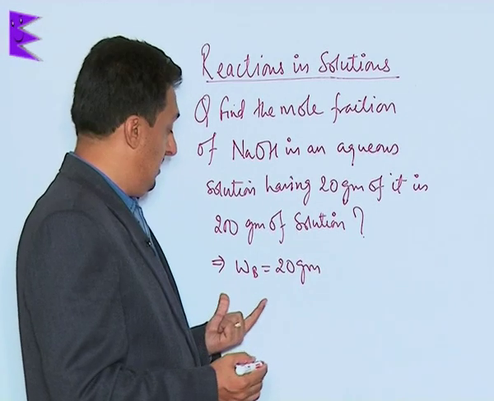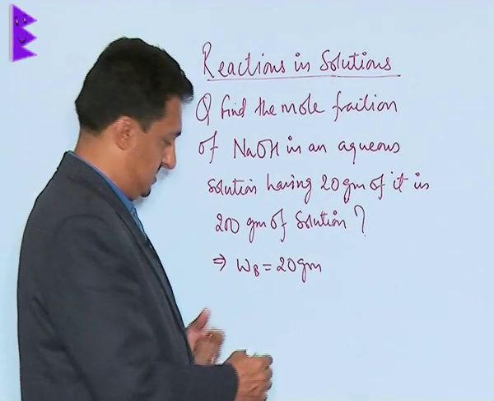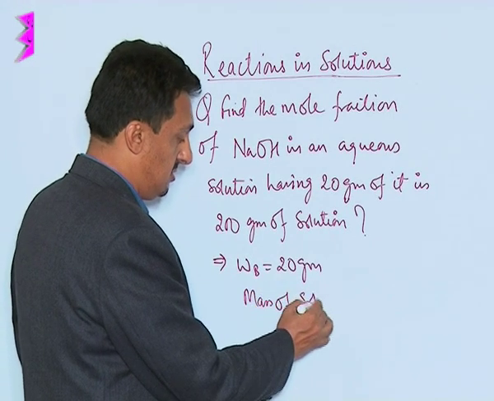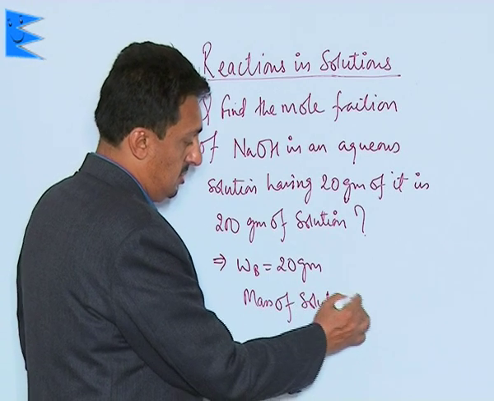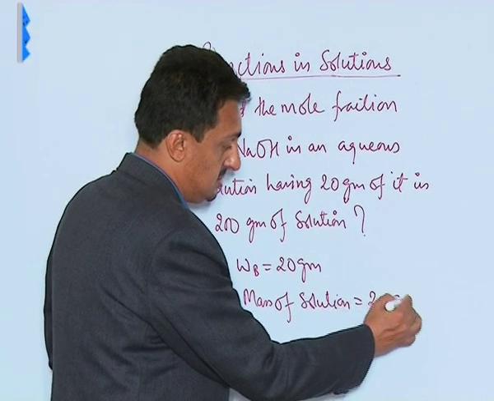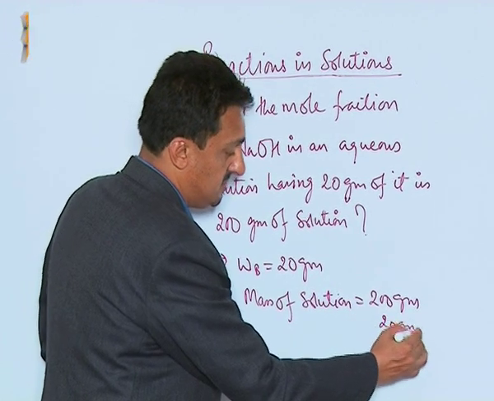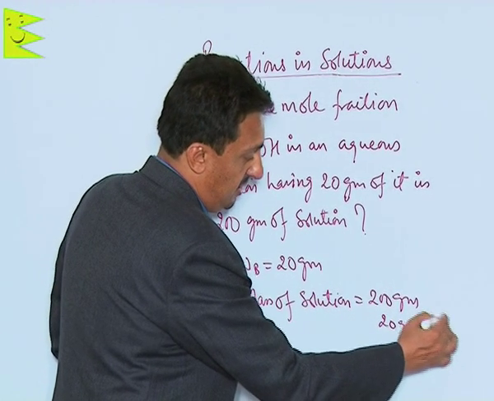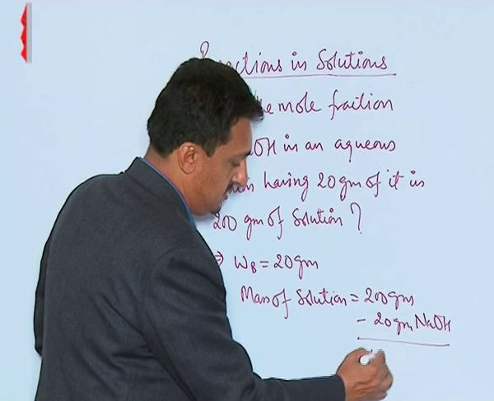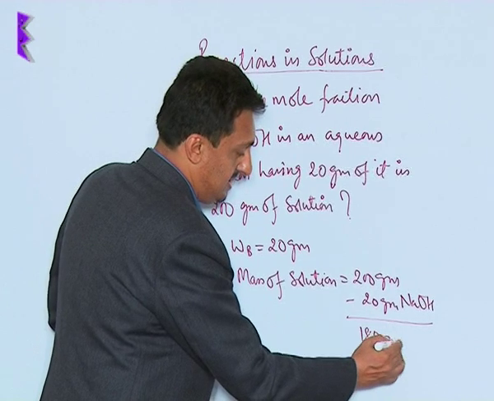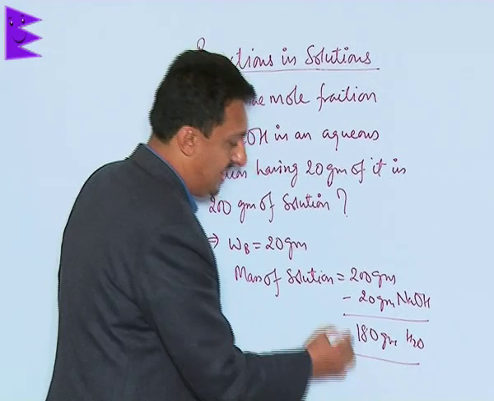But how much is the mass of the solvent? See, the mass of solution is 200 grams, out of which 20 grams is your NaOH. So your solvent water is 180 grams.